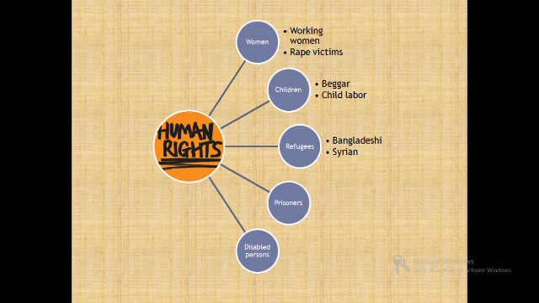If the researcher chooses children to be the research area relating to their human rights, then which type of children he wants to select, whether the street children, the beggars, the child labor or likewise. If he is choosing refugees, then which refugees, Bangladeshi, Syrian or likewise.